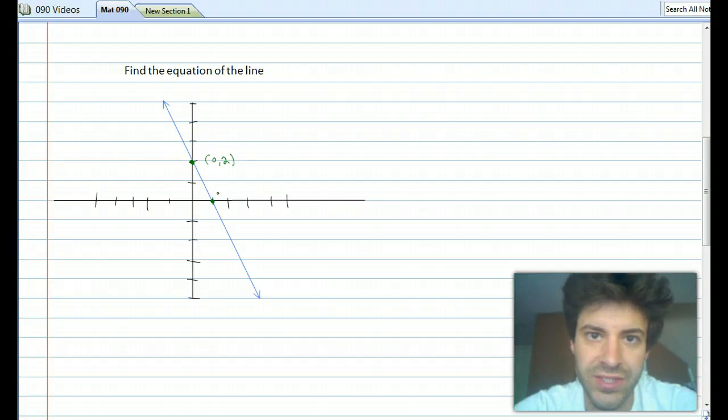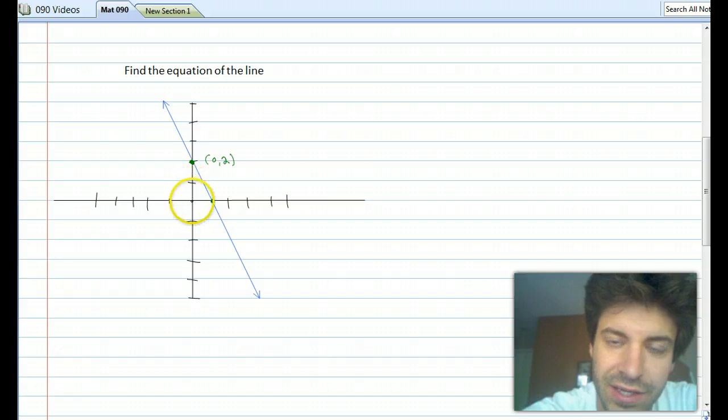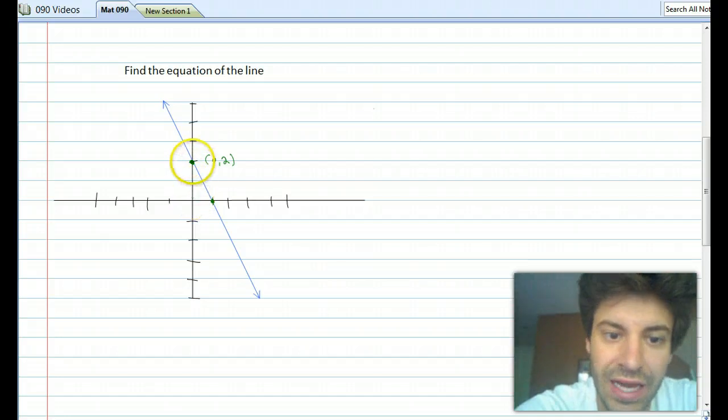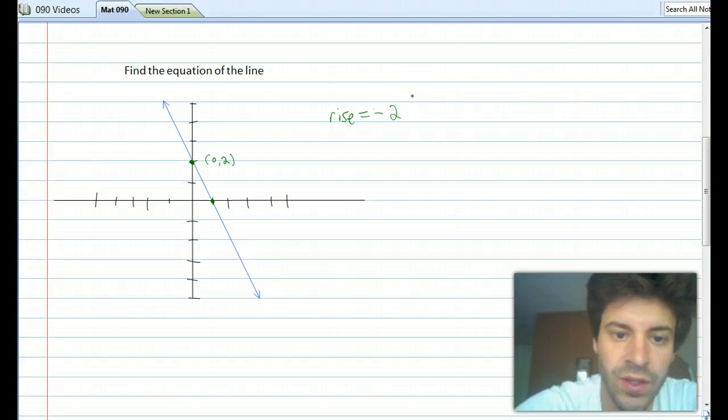So all we have to do now is count the rise and the run. If we start at this point right here, the rise between these 2 points is actually going down 2 units. The vertical distance between these 2 points is 2 units. Since we counted down between these 2 points, our rise is -2.